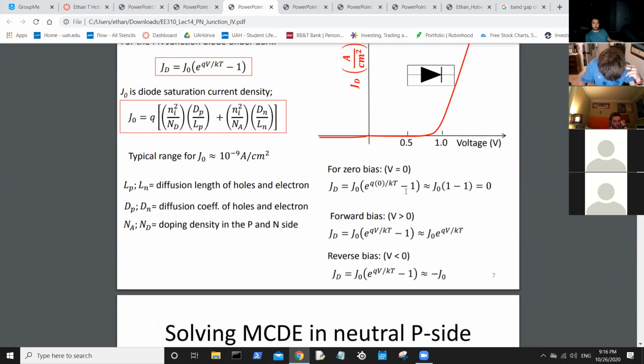So you can know right off the bat that if you plug in this equation and it produces a positive J0 times this quantity, which is essentially, yeah, that's what's in here. He's not reverse solving it because he's solving for JD as opposed to solving for V.